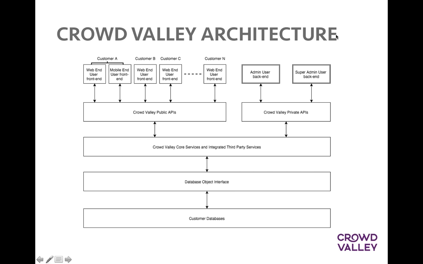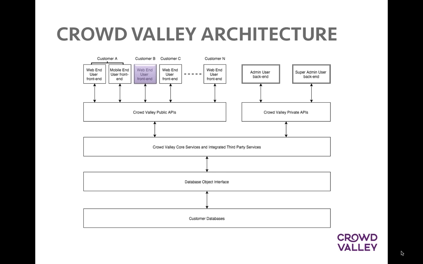I just wanted to start by covering some points about the basic architecture of our platforms. This is at a high level how our platforms are put together, and I wanted to show this to highlight where we're focusing today. In the Crowd Valley architecture, you have a series of front ends for each customer operating on top of our infrastructure.